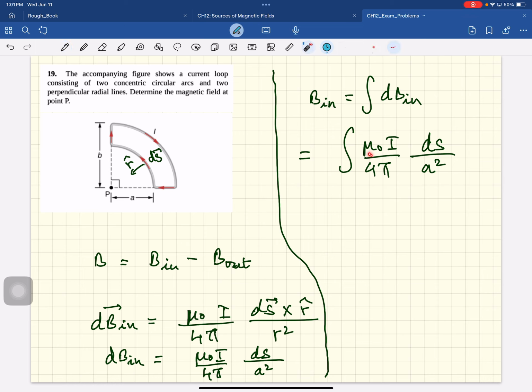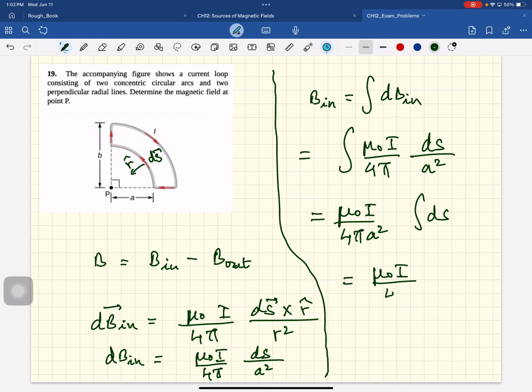Mu naught is constant, I is constant, 4 pi is constant, a is constant along those arcs, so we pull them all out. The sum of ds, the sum of those little arcs, is equal to that arc. So this is equal to mu naught I over 4 pi a squared.